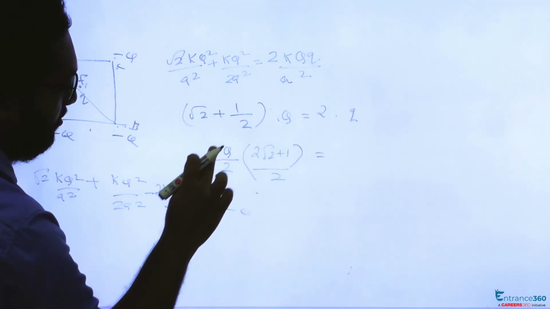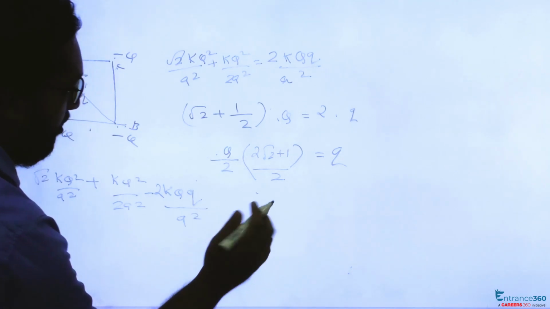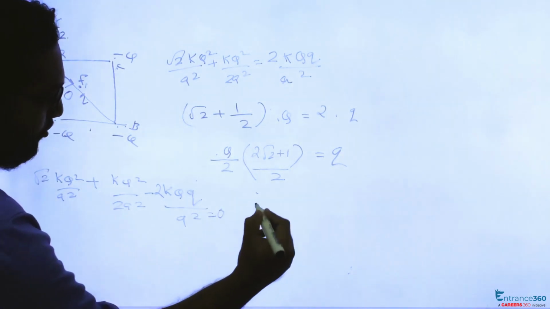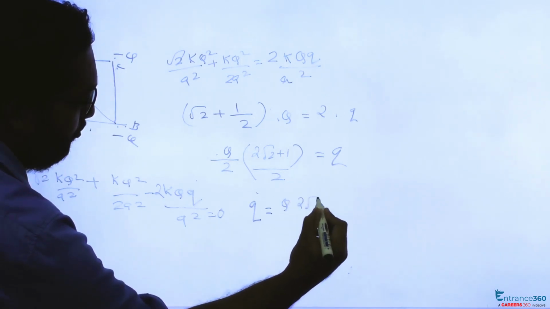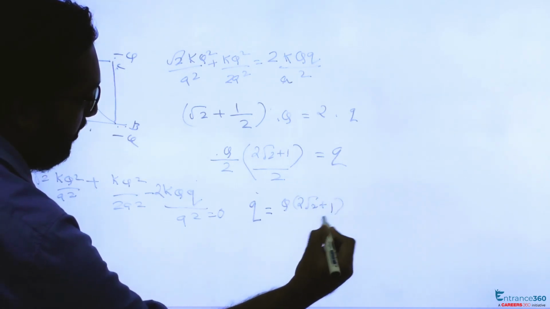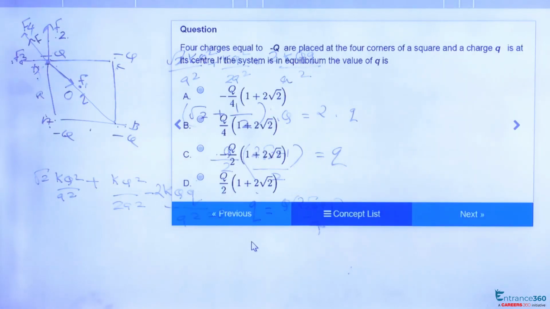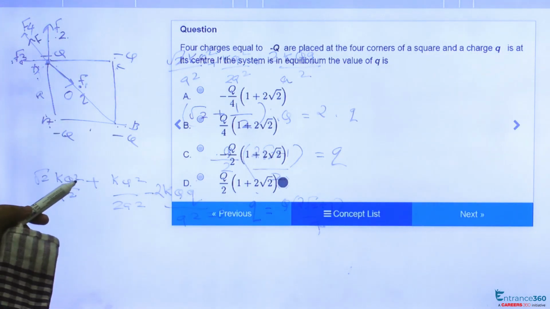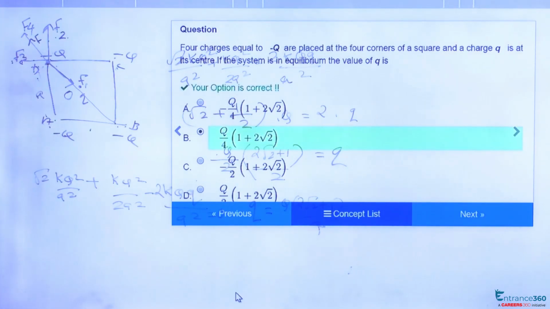So we can write our charge q equal to Q into 2 root 2 plus 1 divided by 4. Q by 4 into 1 plus 2 root 2 is option B.